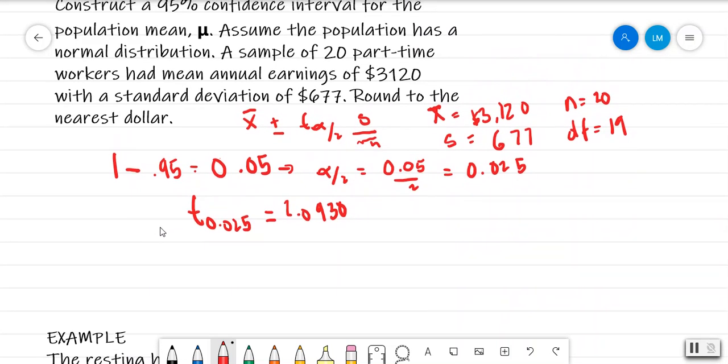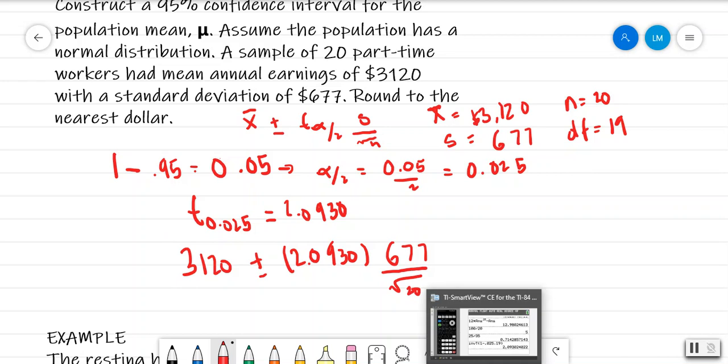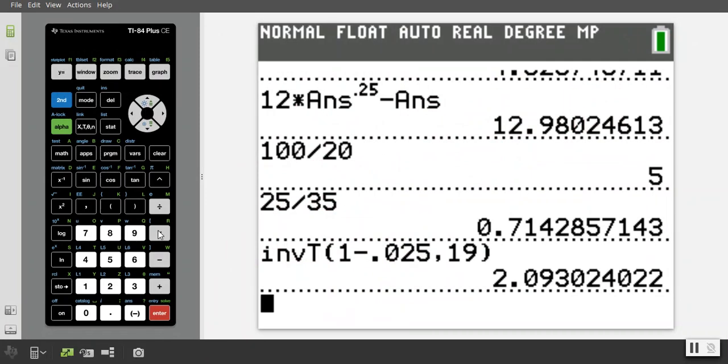So for example, we have 3,120 plus or minus 2.0930, and all of this is multiplied by the standard deviation of 677, all divided by the square root of 20. What we need to do is find the margin of error. So you take this, multiply it by 677, and then divide by the square root of 20.